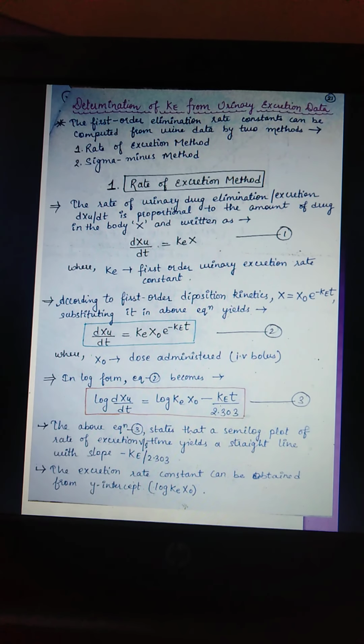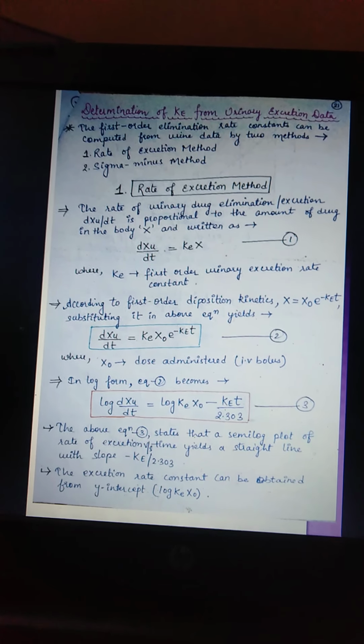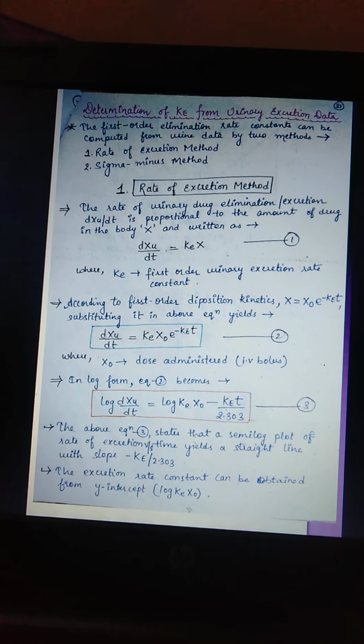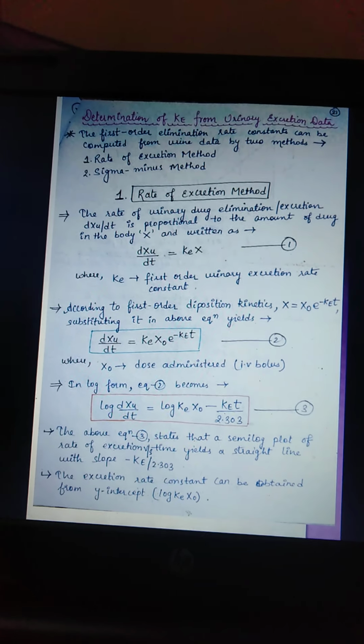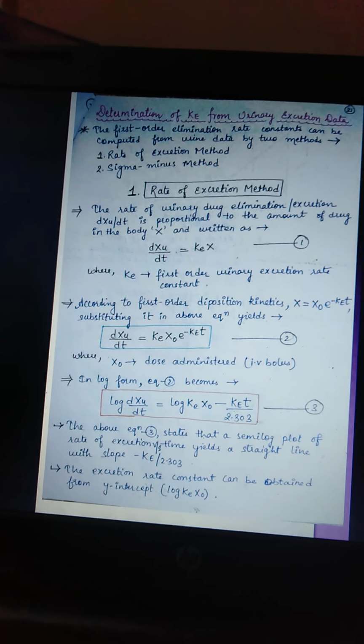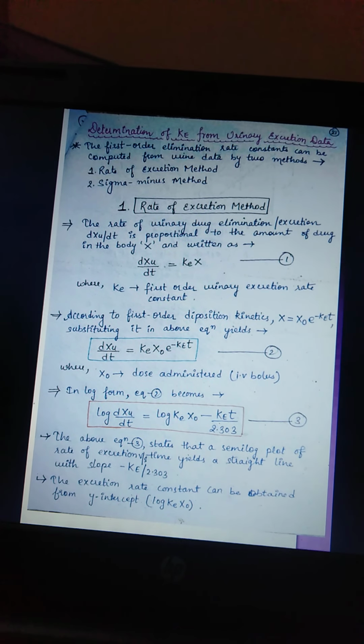Substituting this value of X into equation number 9.71, we get dXu/dt = ke X0 e^(-KE t), equation number 2.